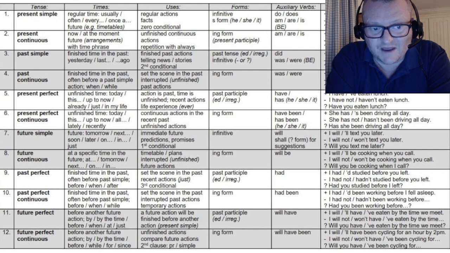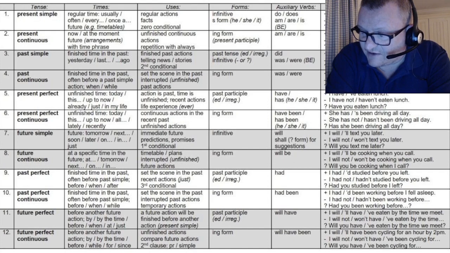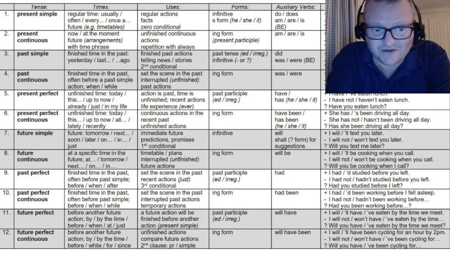Then present perfect is often used when the time is not finished, so when it's today or this week, this month, for and since, so far, up to now. Present perfect.